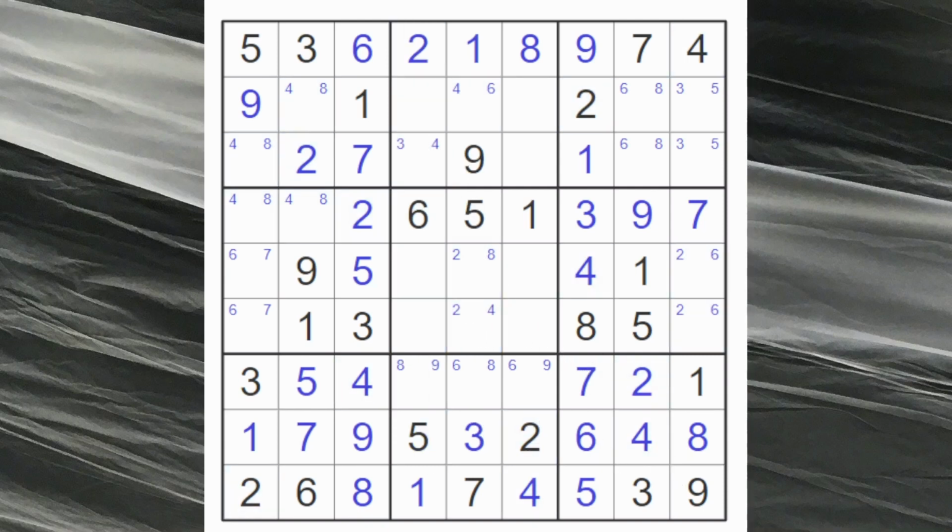So let's look at column 4. 3, 4, 7, 8, 9. 3, 8. No. 9, 4. No, doesn't seem possible.